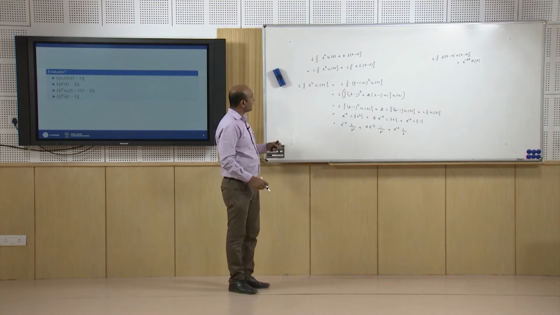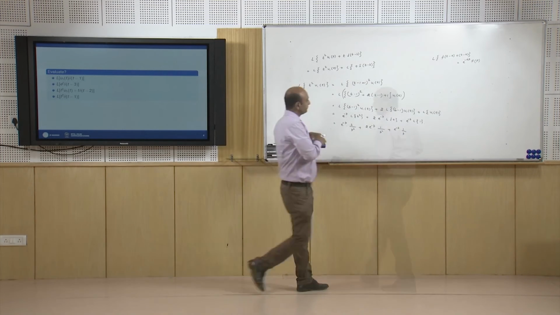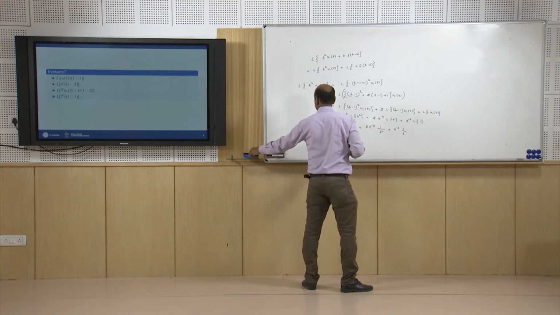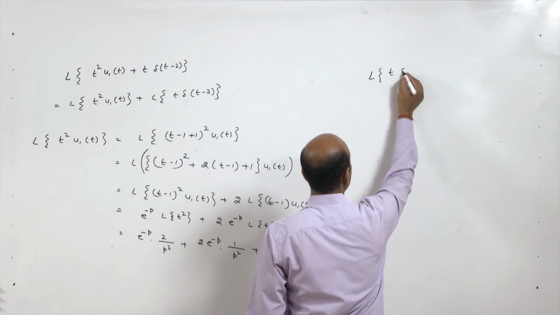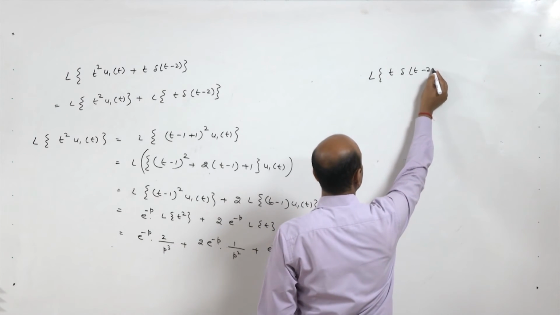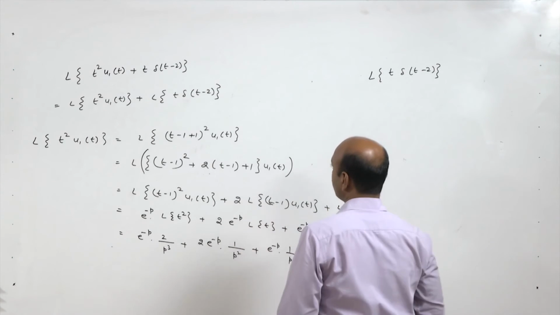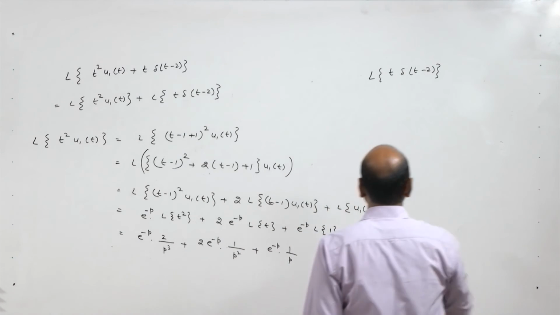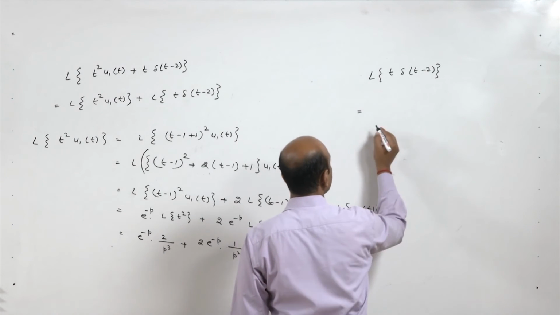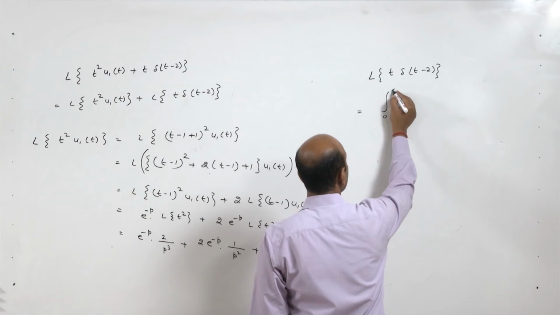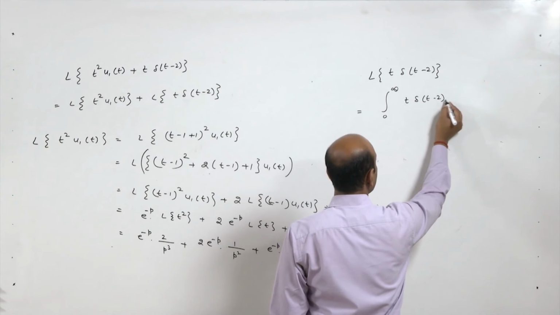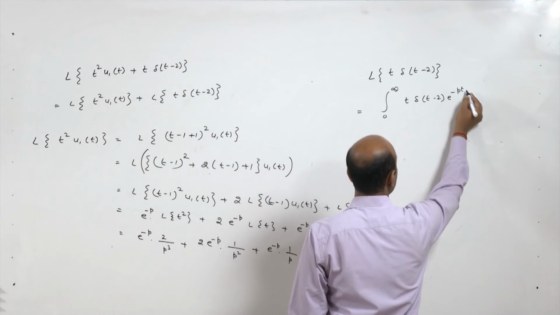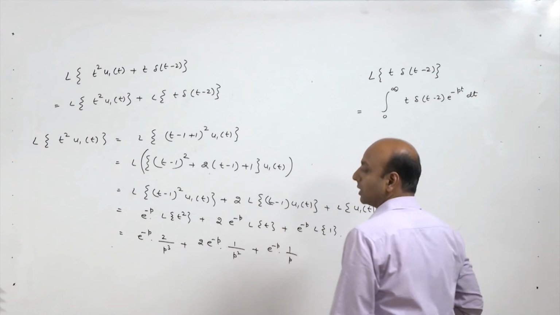Now, we will compute the Laplace of the second expression. How will we compute it? It is the Laplace of t into Dirac delta (t minus 2). Okay. So, this can be written as the integral from 0 to infinity of t Dirac delta (t minus 2) e power minus pt dt.